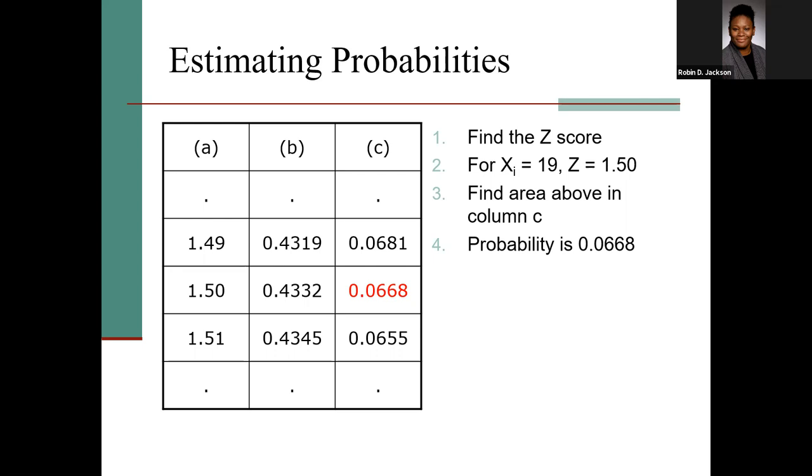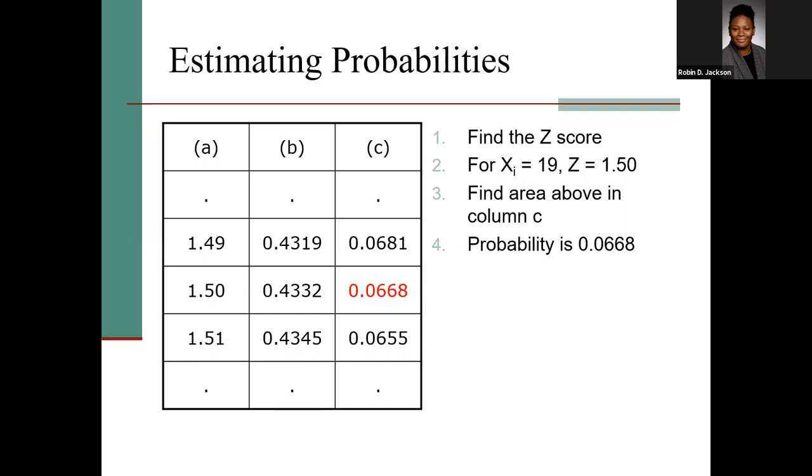Now, to determine the probability that a randomly selected case will have a score between X and the mean, we convert the original score to a Z-score. Next, we use the normal curve table, Appendix A, to find the area being looked for and its corresponding probability.